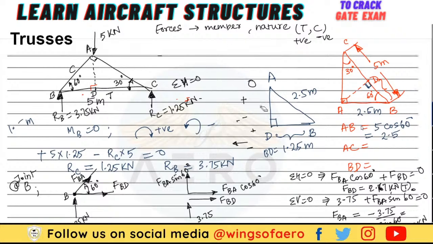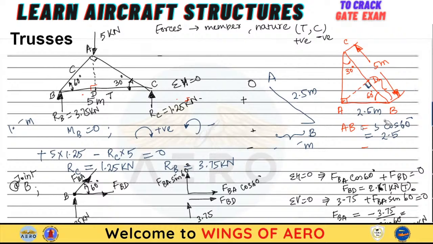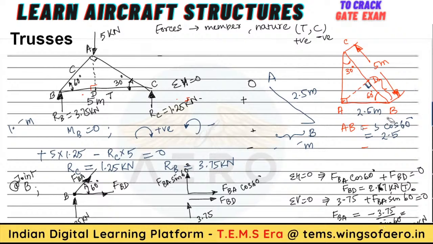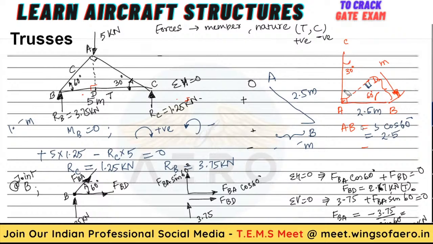Ma'am, RAC is equal to minus 0.625. Which one? RAC. Why RAC? Oh, you are taking R AC. Okay, just a second, let me check the answer.